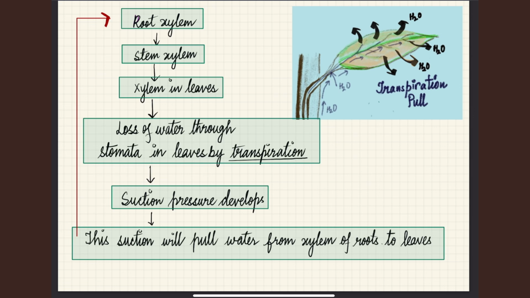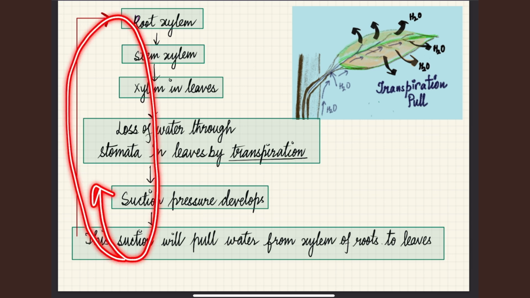So water is being lost by the process of transpiration, which is creating a suction pressure, a pull, and this pull will help to draw more water from the root. So this is a loop. This will happen in a loop form, and thus we achieve the transportation of water and minerals in plants.